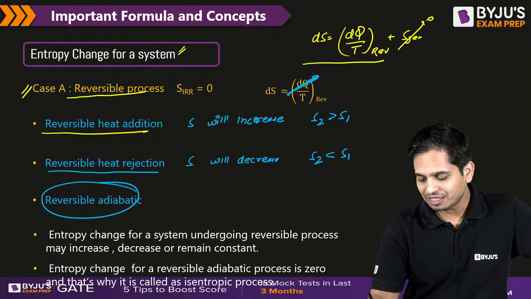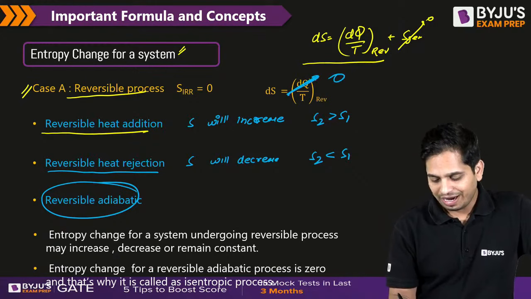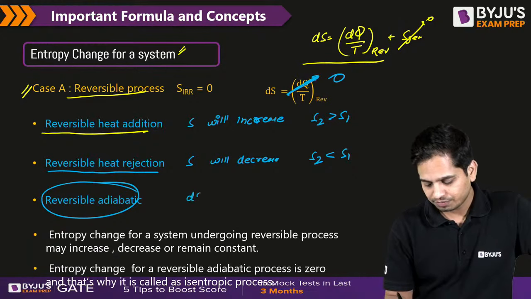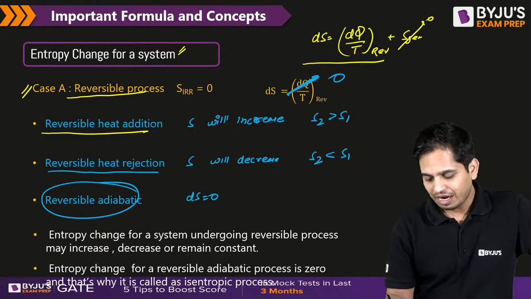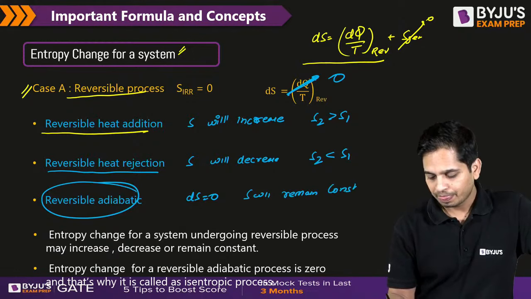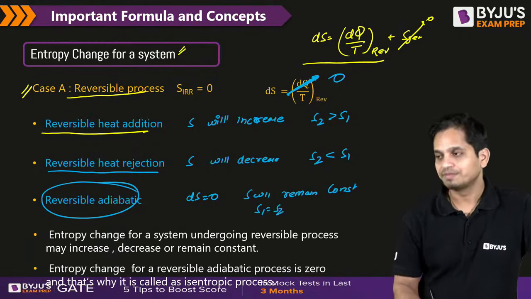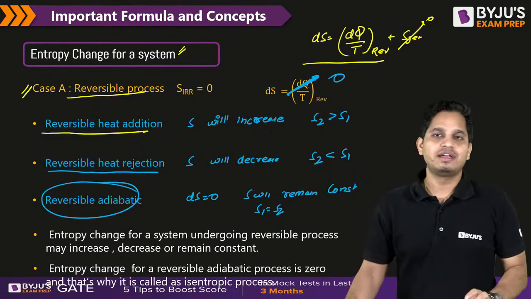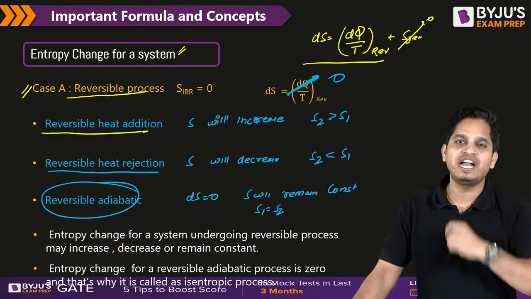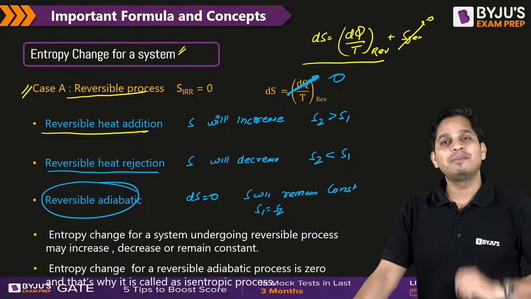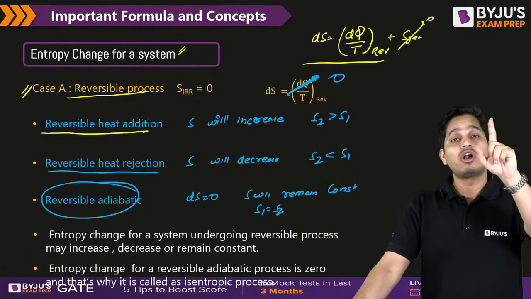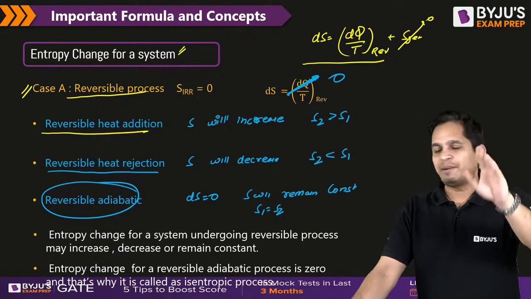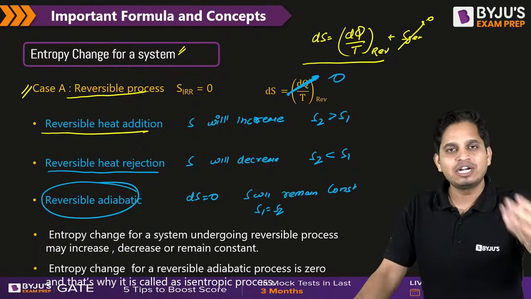So dQ is 0, and dS is equal to 0. Means entropy will remain constant. S1 is equal to S2. So in a reversible adiabatic process, entropy remains constant. And when the entropy remains constant, that process is called an isentropic process.